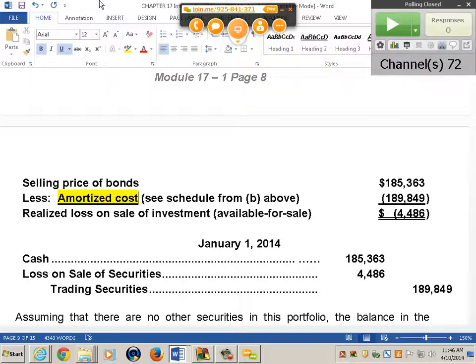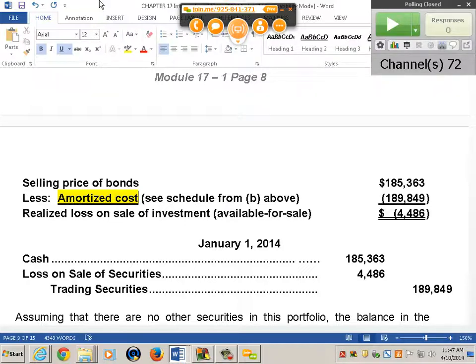So far, you have already hit the income statement with a net loss, which has already been going from the income statement to retained earnings, of $3,486. Now you're telling me you want to take another loss of $4,486. You're double counting, right? Because you've already picked up those losses already.